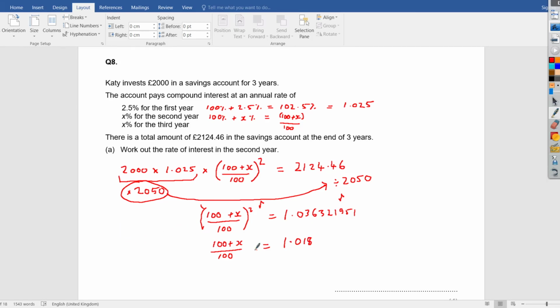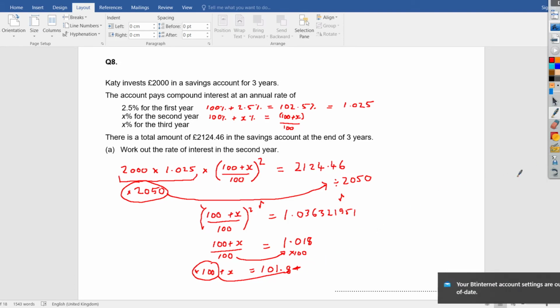If I multiply that by 100, since the opposite of dividing by 100 is timesing by 100, I get 100 plus x equals 101.8. I move the decimal 2 places up, and if I take the positive 100 to the other side, it becomes minus 100.